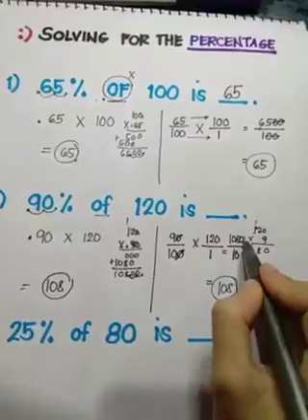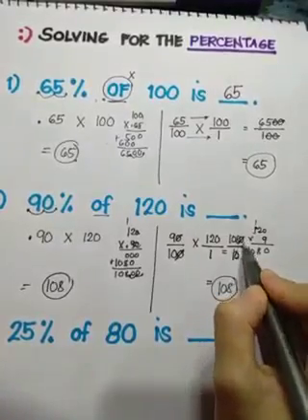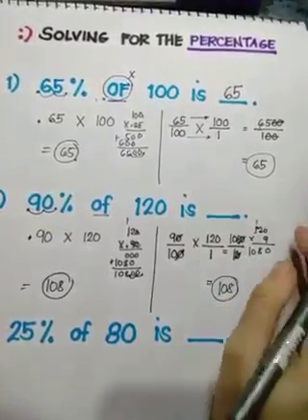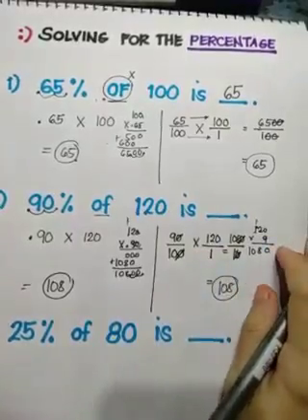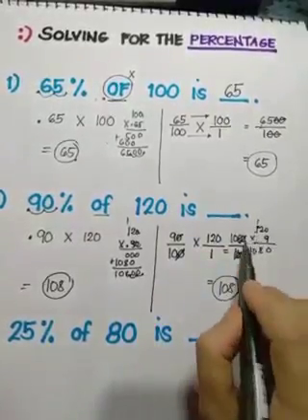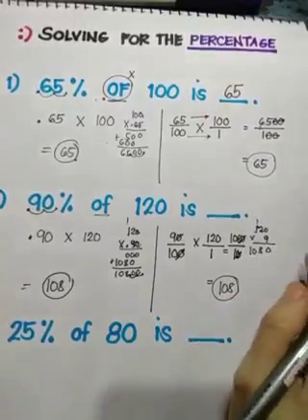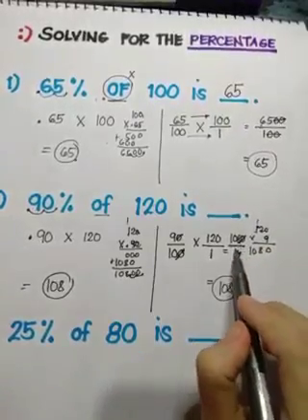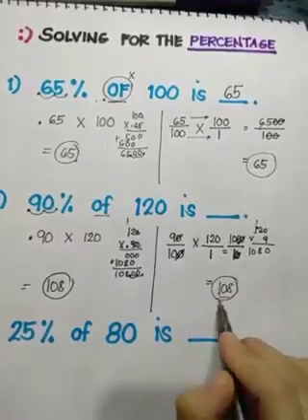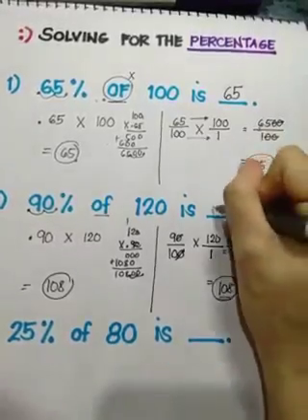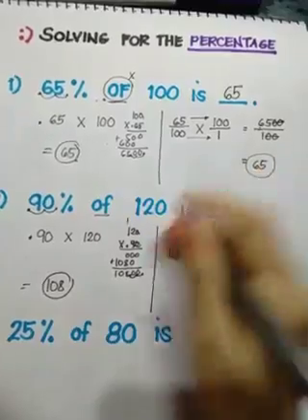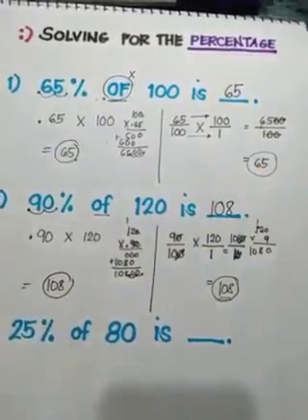Or you can cross out the 0 on top and one 0 at the bottom. As long as the zeros are on the right side, you can cancel them out, and however many zeros you cancel at the bottom, cancel the same on top. What remains is 108 over 1, which is equal to 108. So it's the same answer with this method.